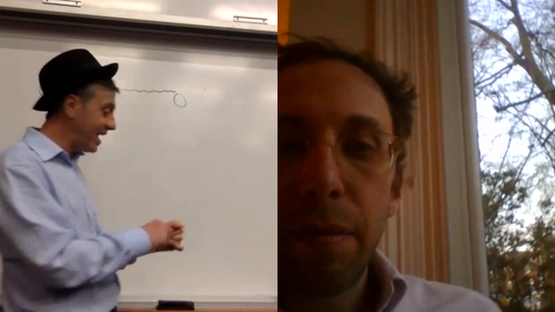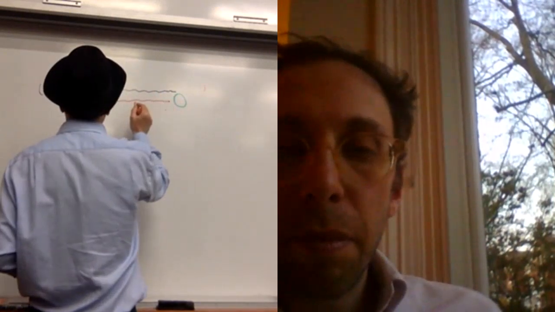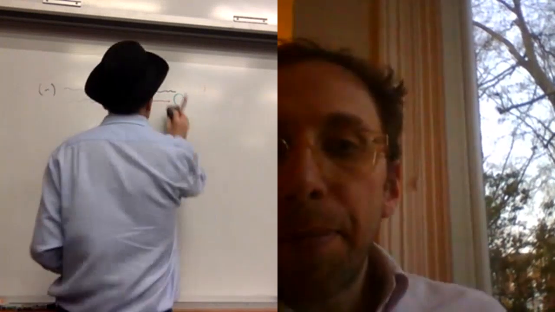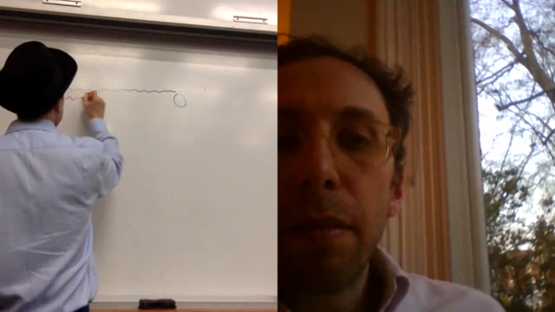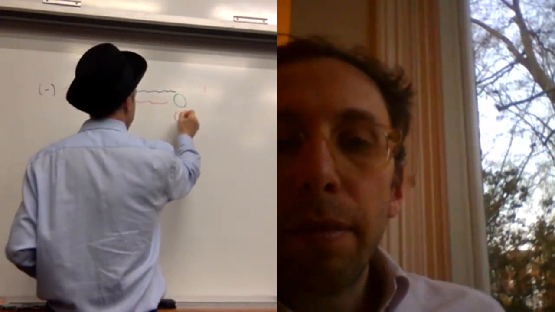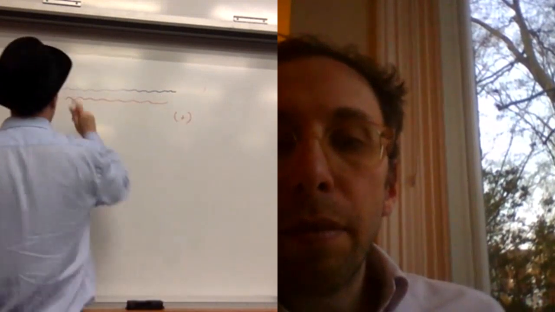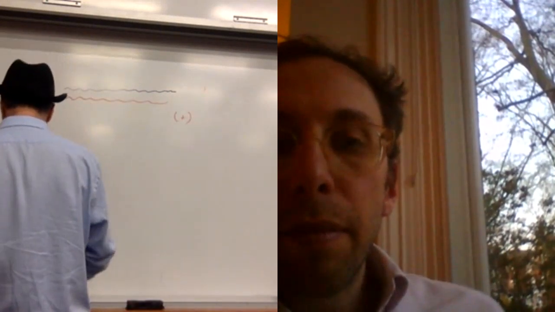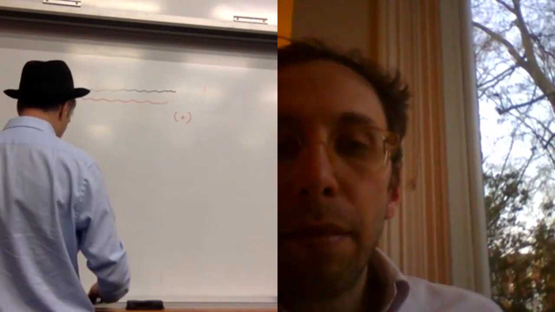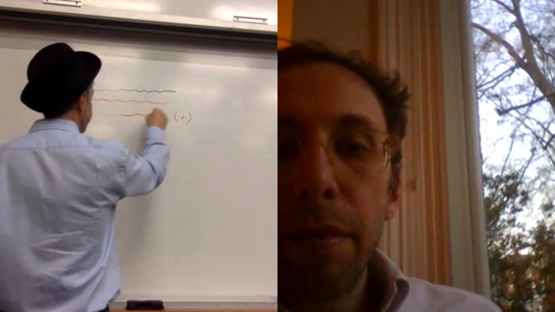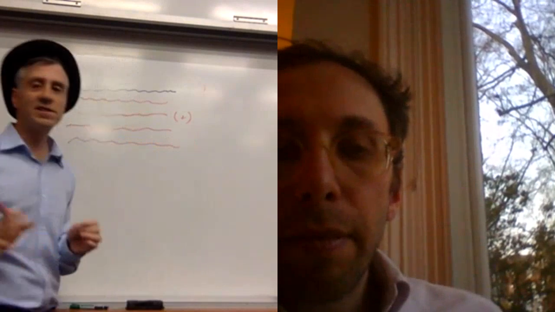And once it enters the cell, it then makes the positive strand using this as a template. So it'll come in and start over here, using the purple one as a template, and make this. And it'll make a whole bunch of these. So that's the first thing that happens.